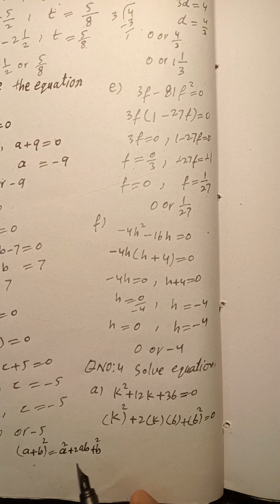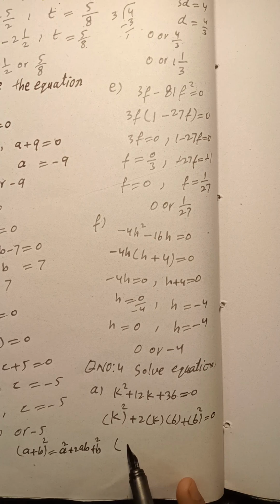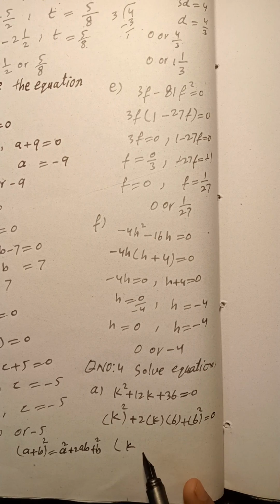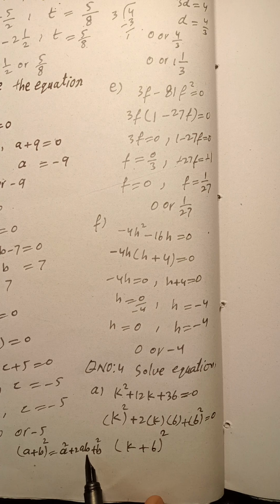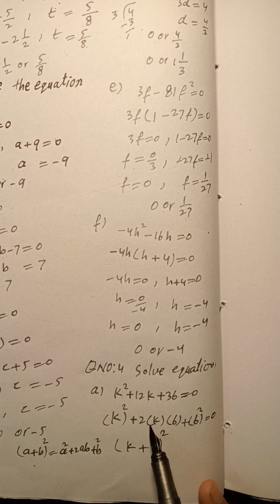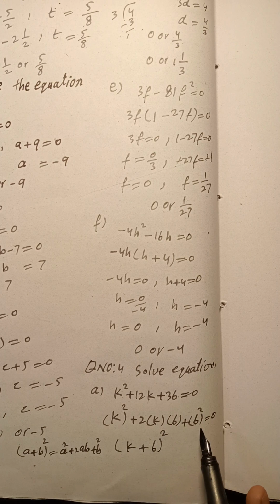Now due to this identity, this whole term is enclosed like this. So k, the first term, and the last term plus 6, this sign should be here, whole squared. Just like that, this 2ab is hidden here, a plus b is whole square. Similarly, this 2k6 is hidden here, and first term and last term have become equal to square.